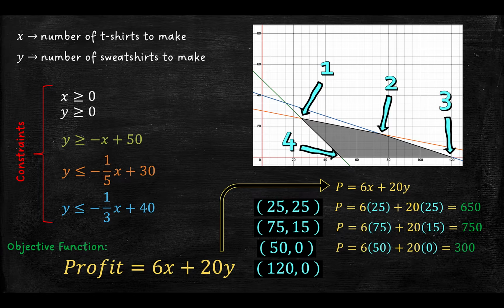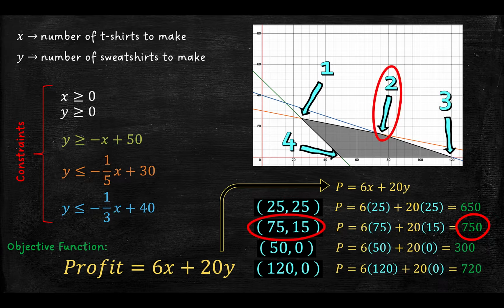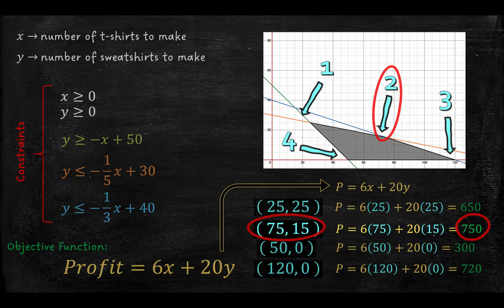All 120 of them would sell for just shy of the 75-15 point. Here we're only making $720. So 750 is our maximum. That means making 75 t-shirts and 15 sweatshirts is the best way to optimize our money, to make the most.